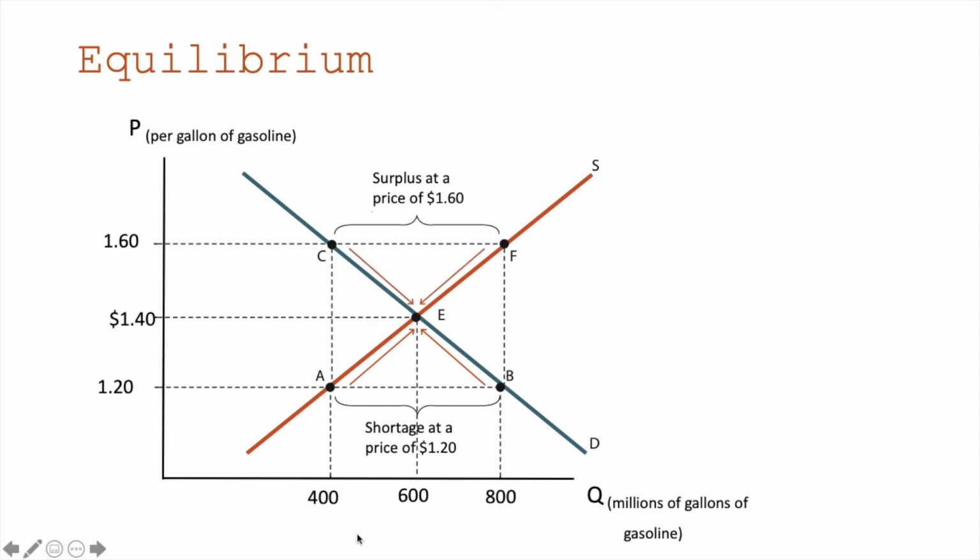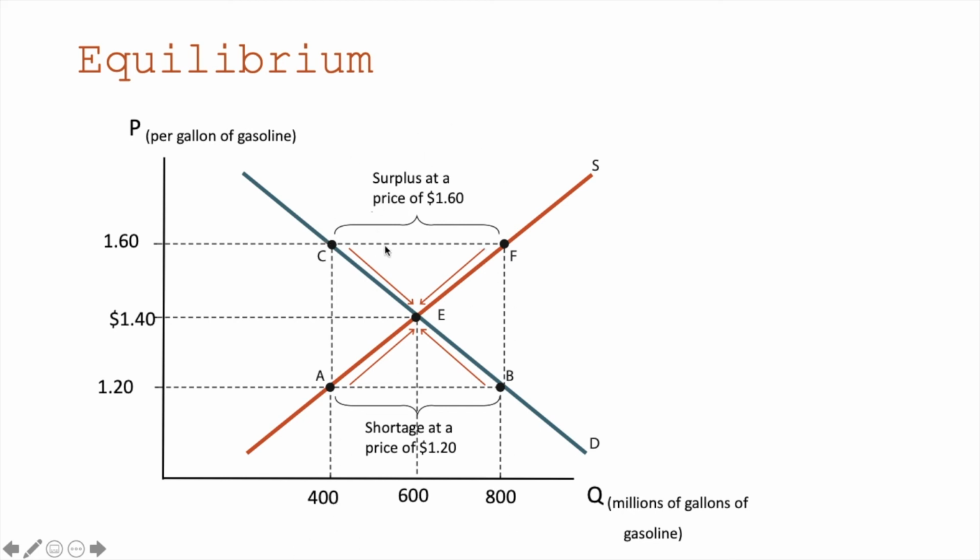So here, hypothetically, the difference between what sellers want to sell, 800 million gallons, and what buyers want to buy, 400 million gallons, this would be a surplus of about 400 million gallons of gasoline, the difference between these two.